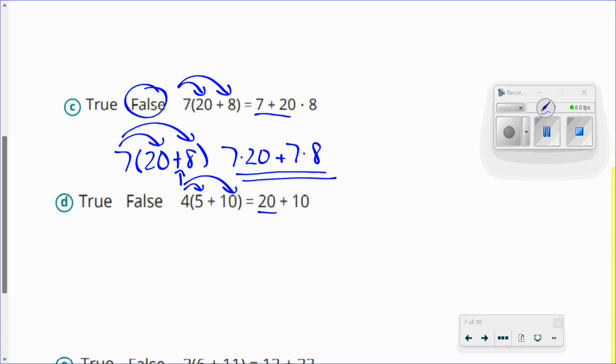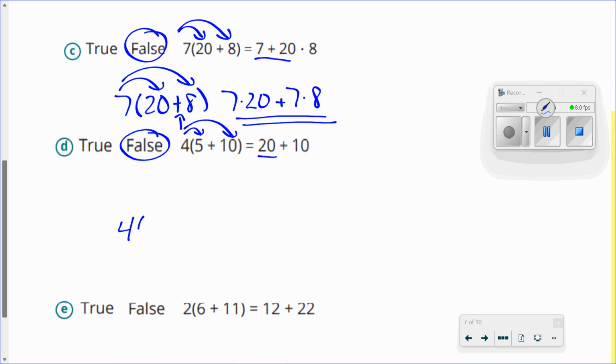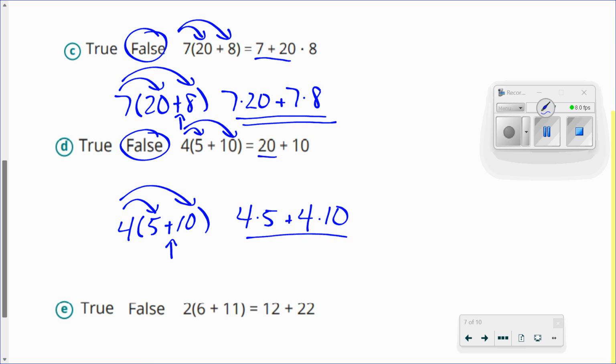No. So we know they're wrong because they didn't do both the numbers right. Technically, I guess if they'd have done 20 plus 40, they'd have been okay. But I really want you to see you write those steps out. So this one's going to be another false. We'll do this, 4 times 5 plus 4 times 10. So we do our arrows, and we know it is 4 times 5. Our sign is plus, 4 times 10. There's our answer.